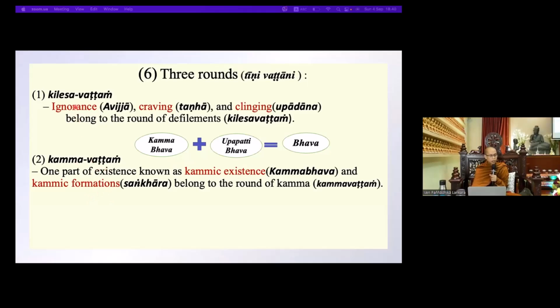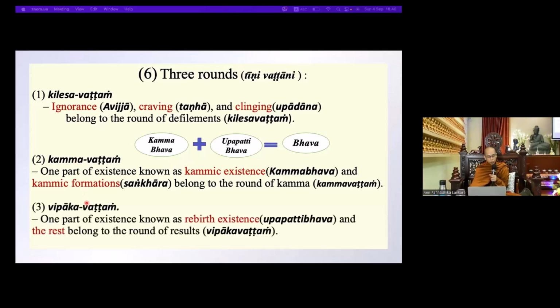So Kilesa Vata, Kamma Vata. Then the third one, Vipaka Vata. Upapatti Bhava is the result of Kamma Bhava or Sankhara. That is why the rebirth existence, which is called Upapatti Bhava, and the other remaining factors are considered as the Vipaka Vata. So Vijnana, Nama Rupa, etc. are Vipaka Vata, the result.